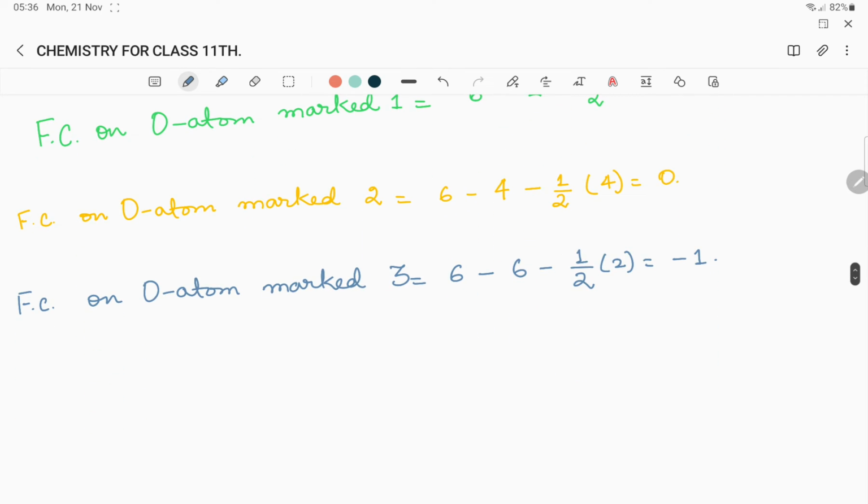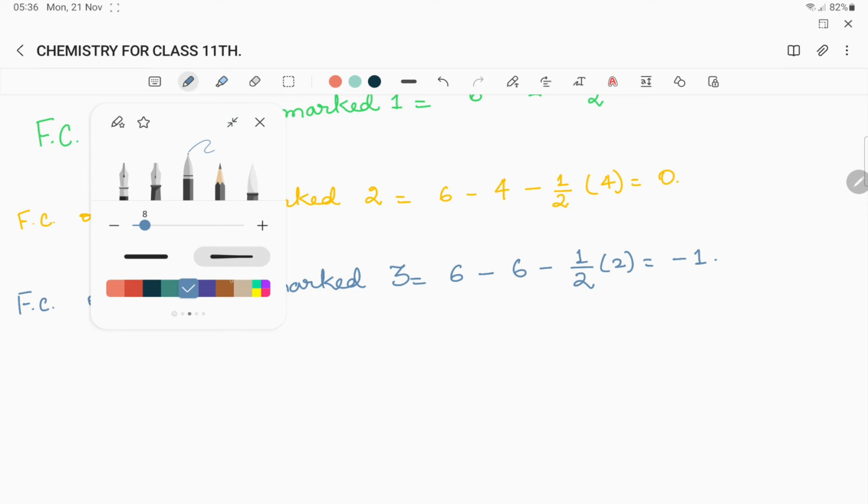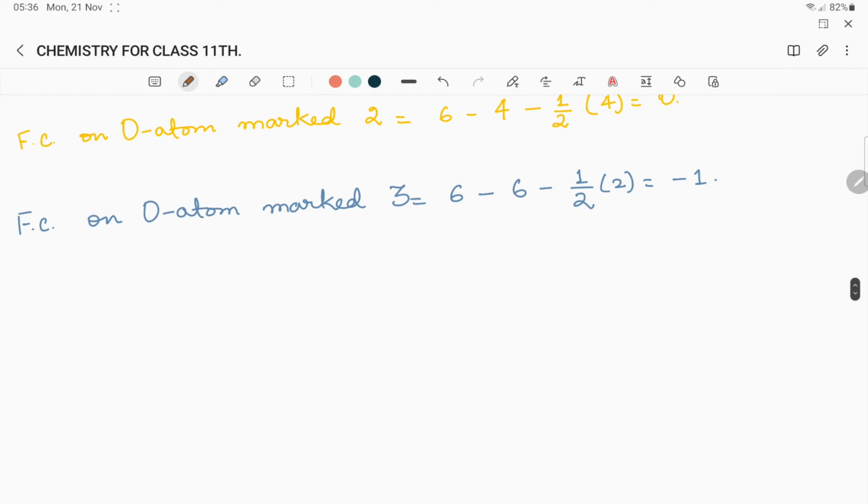At the last, we will draw the structure again and write the formal charge value on each oxygen atom. So 2 lone pairs, 1 lone pair, 3 lone pairs.